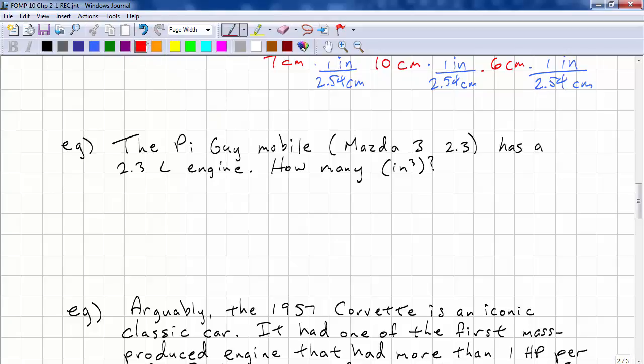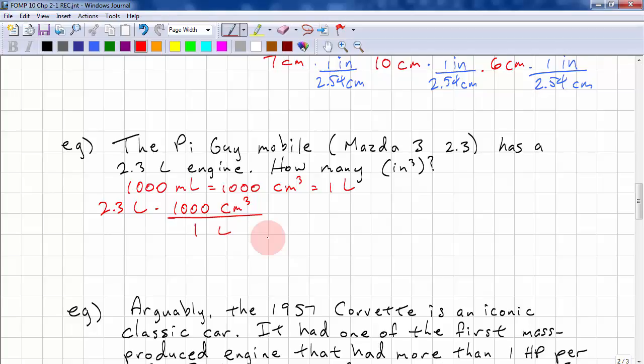Okay, converting volume. You should note that 1,000 milliliters equals 1,000 cubic centimeters, which is equal to 1 liter. So 2.3 liters times 1,000 cubic centimeters over 1 liter. And we need this in cubic inches.